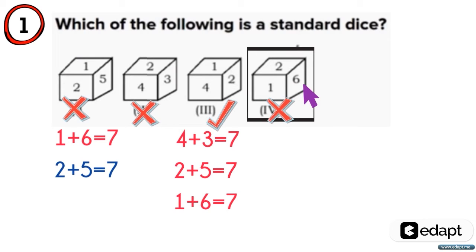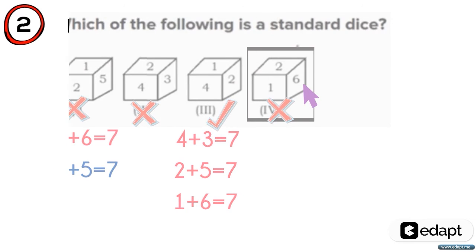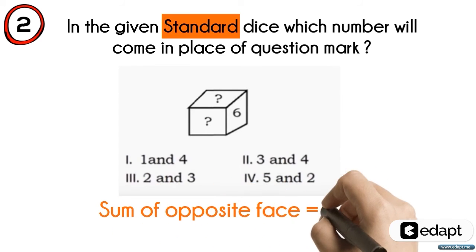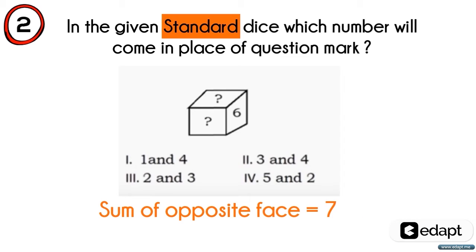Let's move on to the next problem. In the given standard dice, which number will come in the place of the question mark? Again, it is given that this is a standard dice. Hence, the sum of the opposite faces will be equal to 7. Taking option number 1, 1 and 4.